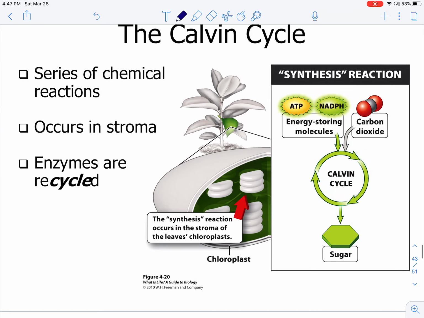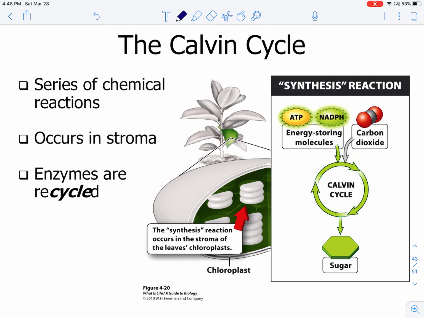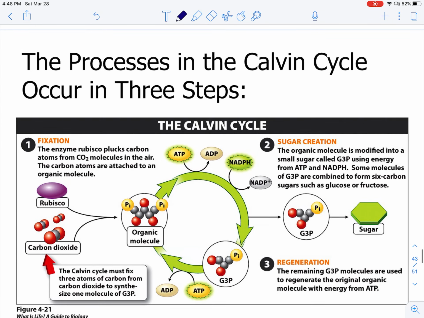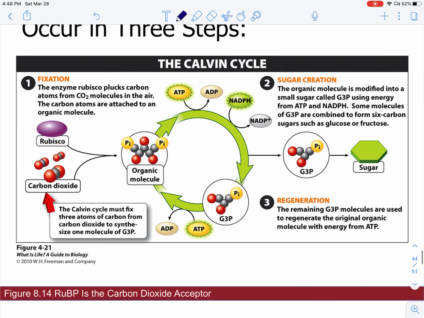So here for the Calvin cycle, we take ATP, we take NADPH, we take carbon dioxide, we fix that carbon dioxide to a chain of carbons to ultimately form a sugar. This is the synthesis part of photosynthesis. So again, the carbon fixation, the enzyme Rubisco is responsible for that.